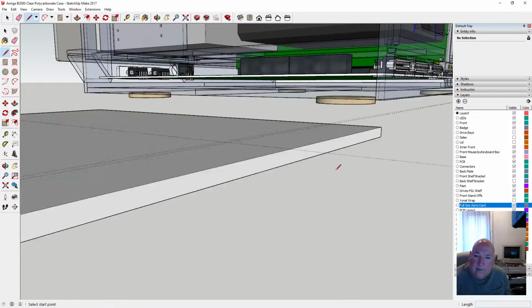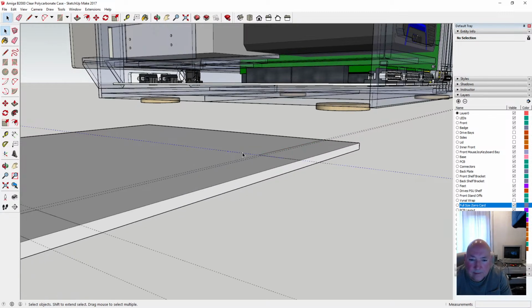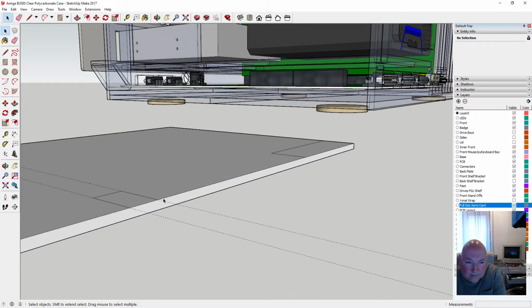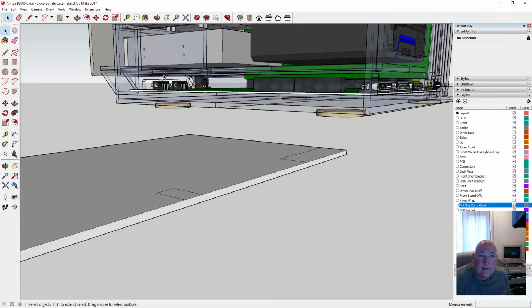Okay, so we need to sort that out. Okay. Right, there's our cards.